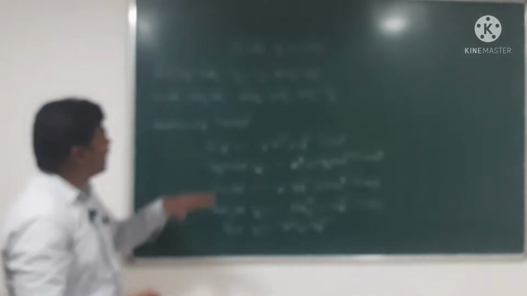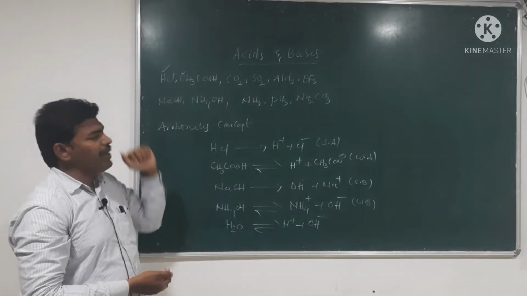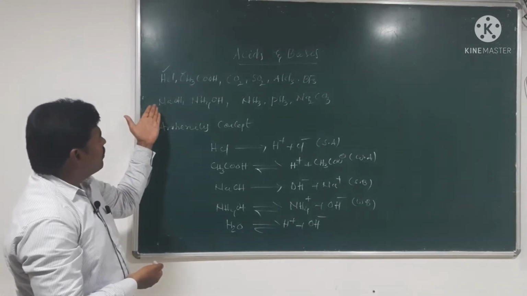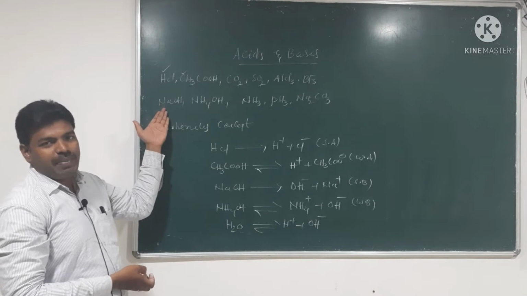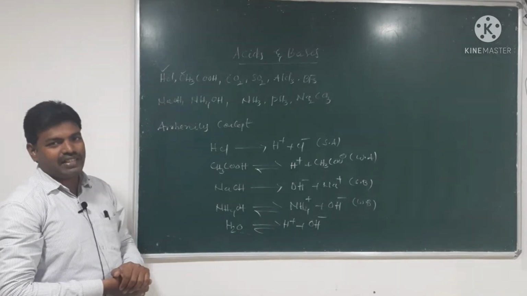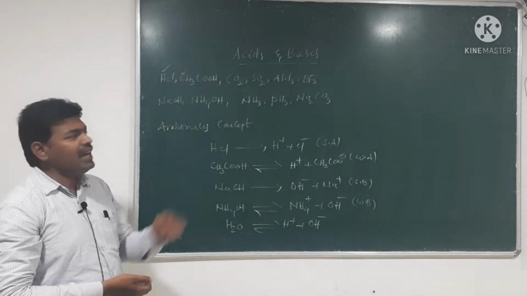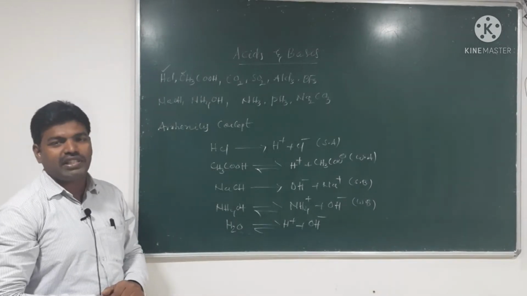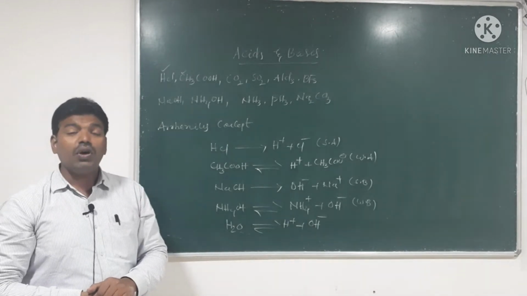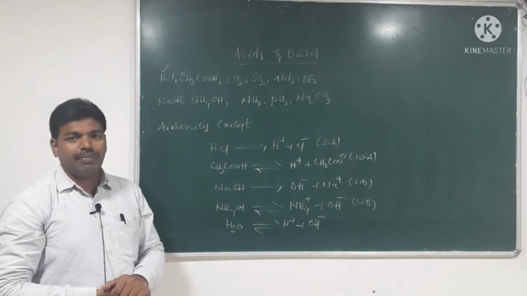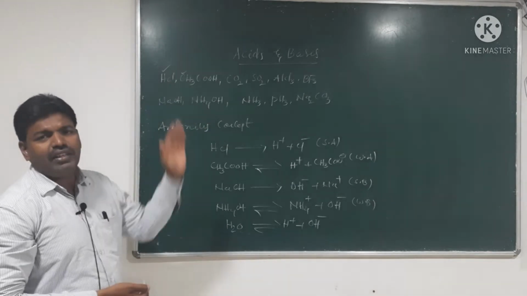And we can pick up the Arrhenius bases from this group of bases. That is, we can say that sodium hydroxide is an Arrhenius base because it can furnish OH minus ions, and NH4OH can furnish OH minus ions. And of course, NH4OH is a weak base because it has a lesser tendency to furnish OH minus ions.